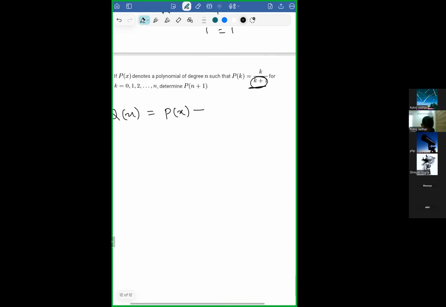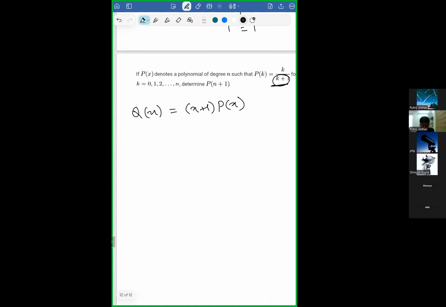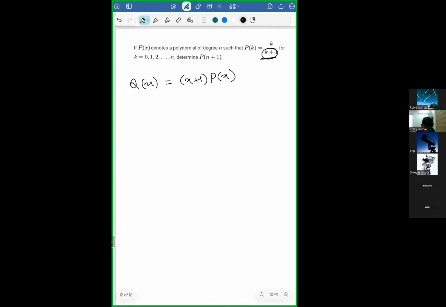Okay. What are you saying to multiply with? x plus 1. Yeah, yeah. Okay, sure. So you have that Q of x equals x at x equals 0, 1, 2, so until n.